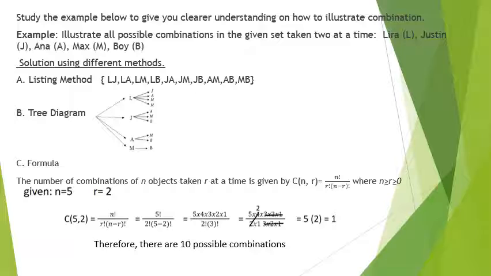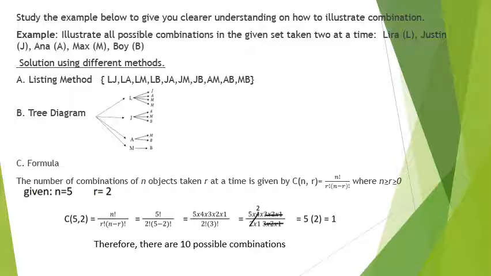Illustrate all combinations in a given set taken two at a time: Lira, Justine, Anna, Max, Boy. The solutions have different methods. We can illustrate the combinations of the given example using any of the methods. First, we have the listing method.